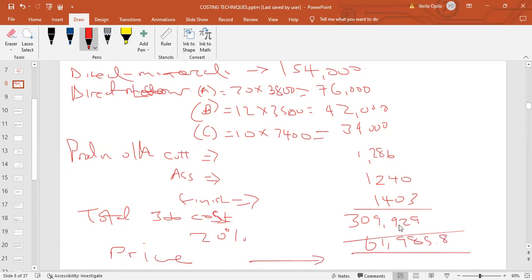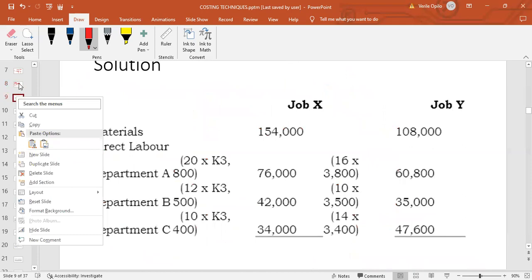So we'll have 309,929 plus the amount of markup they have added, which gives 371,914.8. That is the price that the company should quote for this particular item.